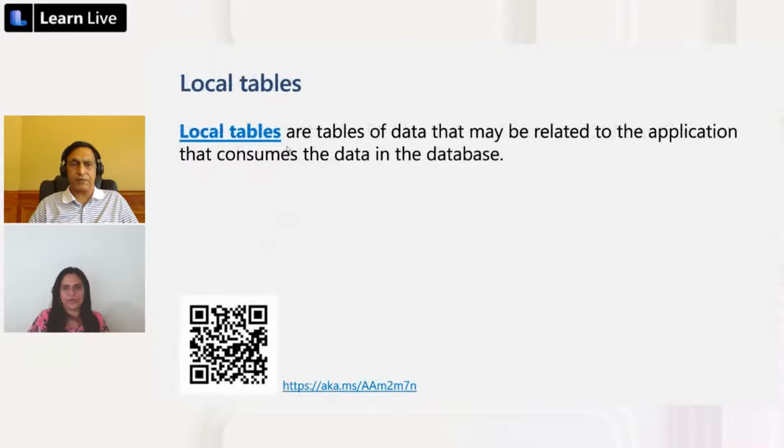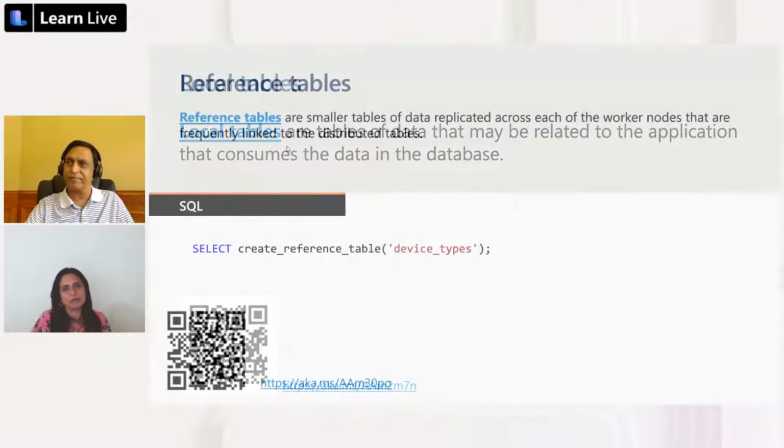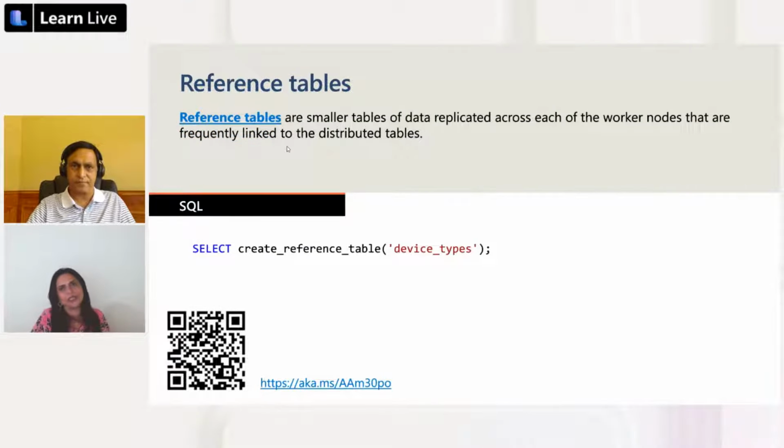How about reference tables? If all of you are well versed with relational databases, sometimes we call it lookup tables, right? That's what a reference table is. You call it a reference table, you call it a lookup table.